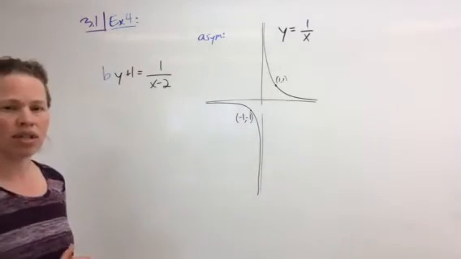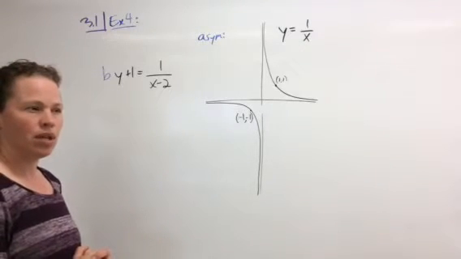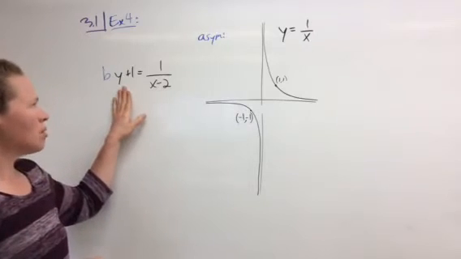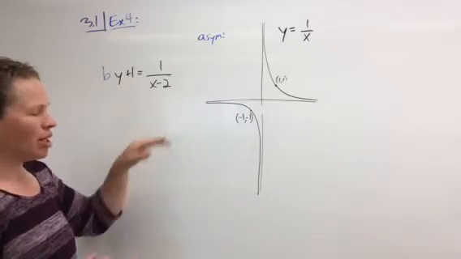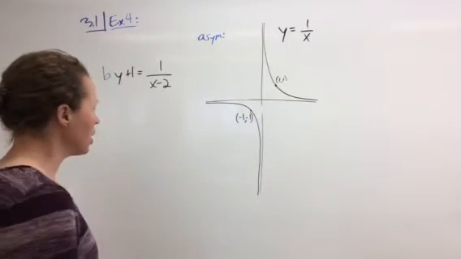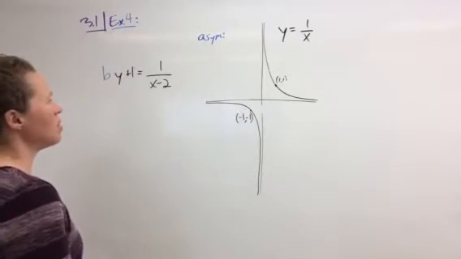But this one, they've given us a slightly more complicated formula. We've got a y plus 1 as well as an x minus something, minus 2 in this case. So what I want to look at is what these numbers mean.